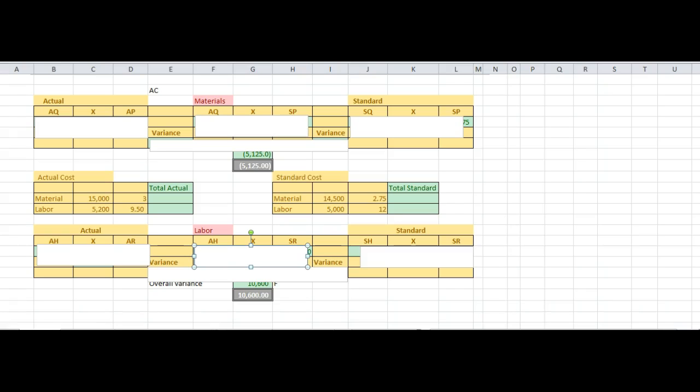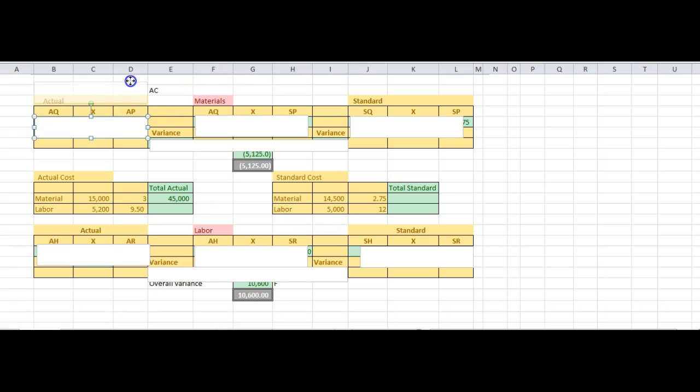Okay, I kind of rearranged this for you, so I'm hoping it helped a little bit. So here's your actual cost, here's your standard cost. Standard costs go here, actual costs go here. So if my material is 15,000 and I use 3 pounds, that should work out to 15,000 times 3, and that goes up here, because this is the materials one.